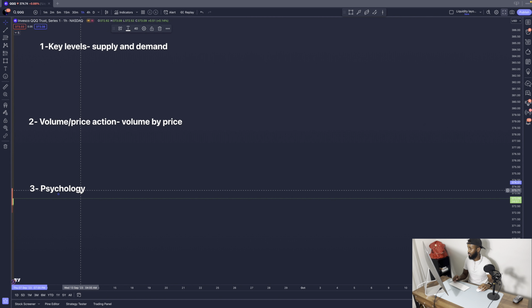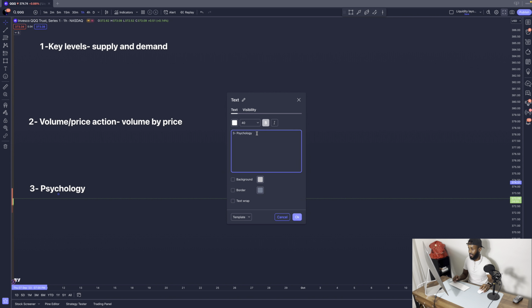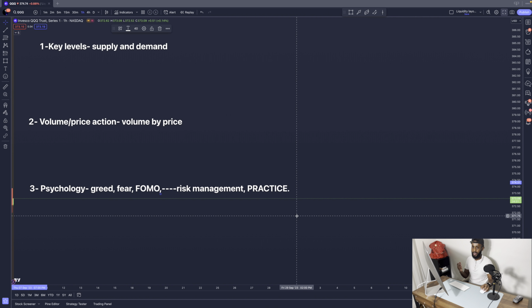And then number three is your psychology, to be able to get over greed, fear, FOMO, and all of this will happen with risk management and practice. This is something that is built over time that you just can't do in one night.